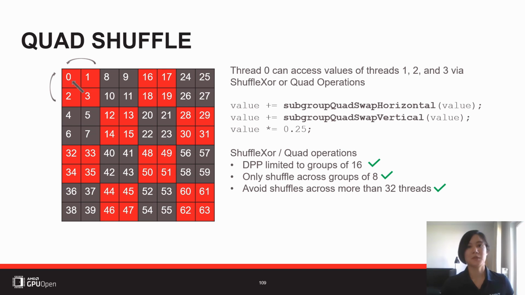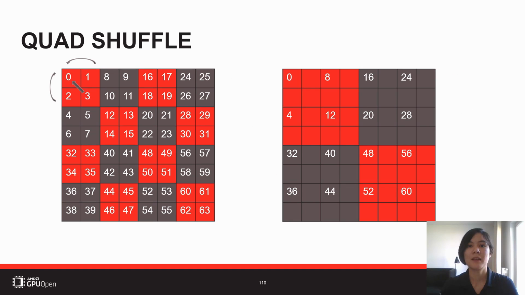If you are using quad operations, we are hitting all the checkboxes, because we are only swizzling along a group of 4, so we can use DPP, and this is very performant. The output values are now only in the threads with indices 0, 8, 16, 24.